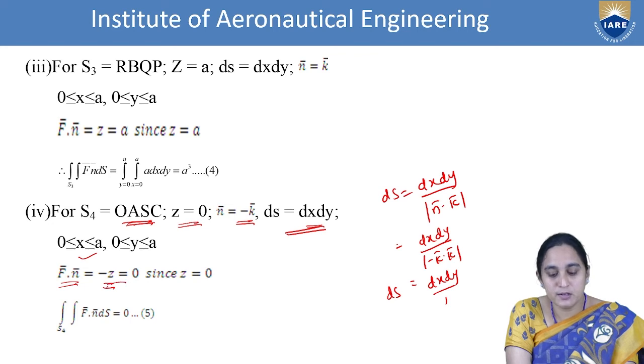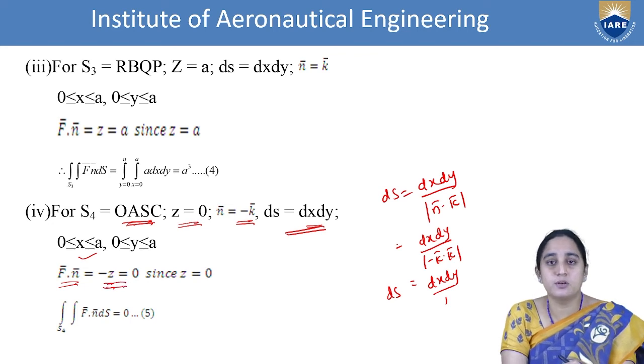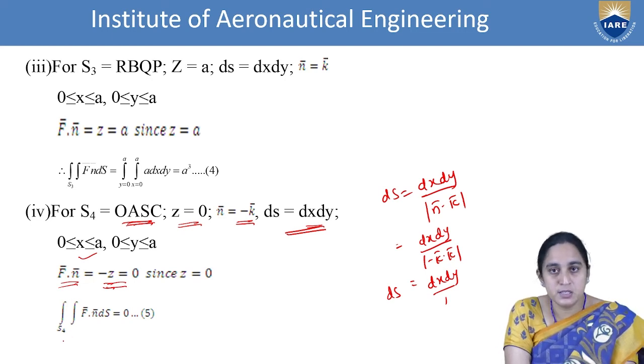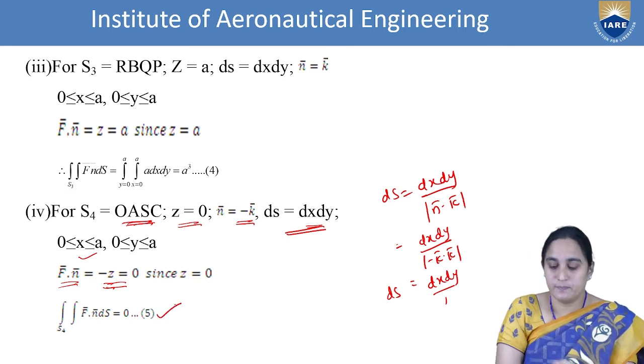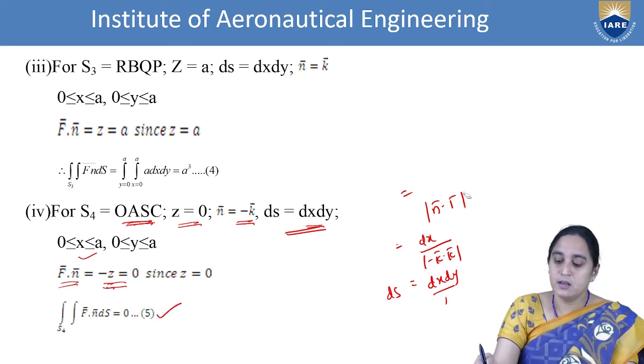Therefore, substituting z is equal to 0, f bar dot n bar is equal to 0. Therefore, the surface integral on the fourth phase, the double integral of f bar dot n bar ds, is directly 0. Let us take that as the fifth equation.